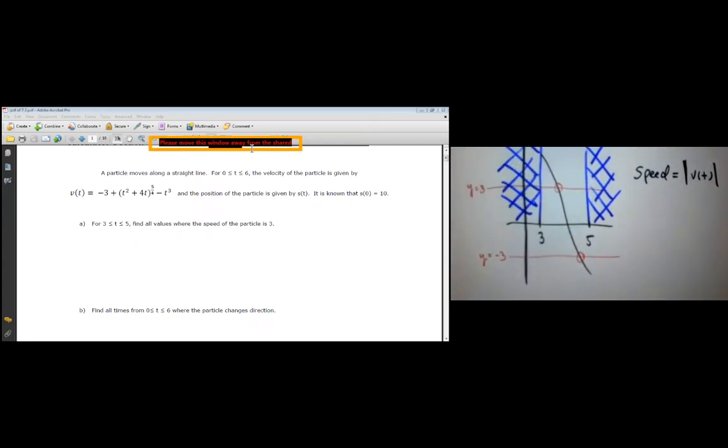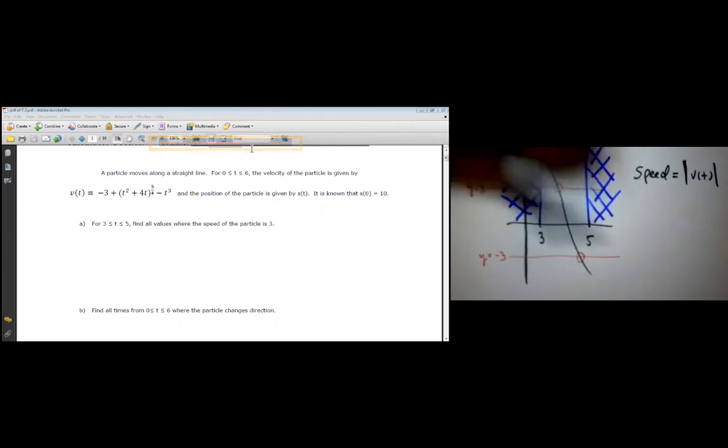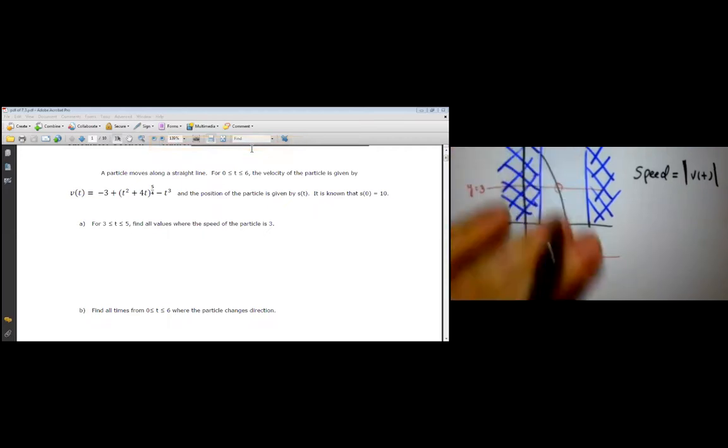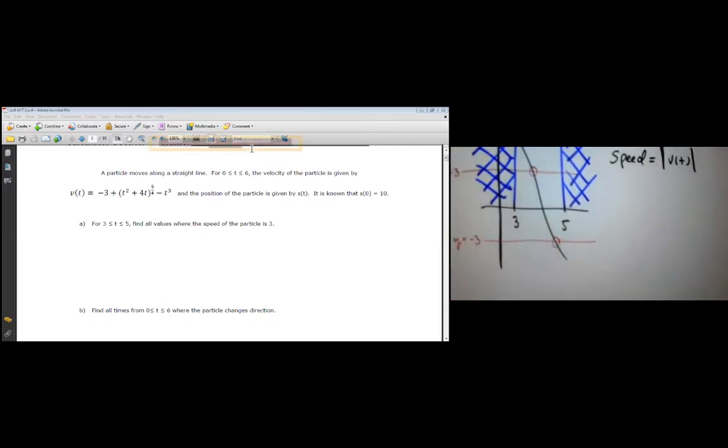Since it's the absolute value, both of them are going to give me the same result. So now you would type that into a calculator, and somebody that did this, tell me what you get.